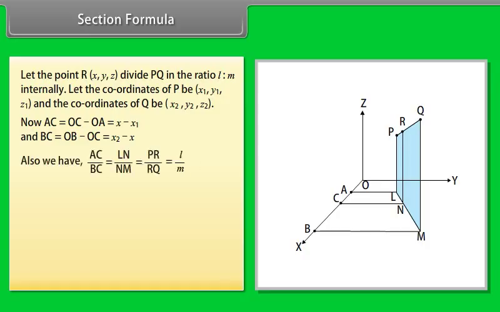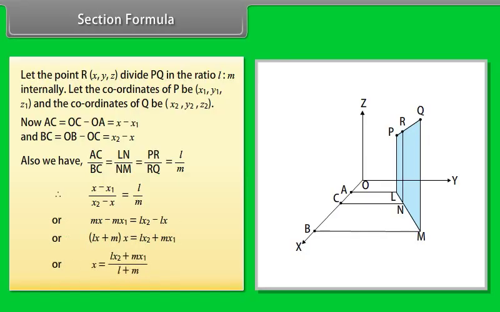Also, we have AC/BC = LN/NM = PR/RQ = l/m. Therefore, (x - x1)/(x2 - x) = l/m. On solving, we get x = (l x2 + m x1)/(l + m).